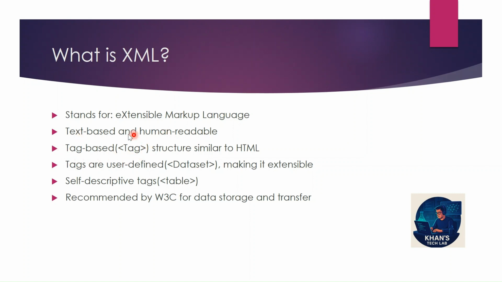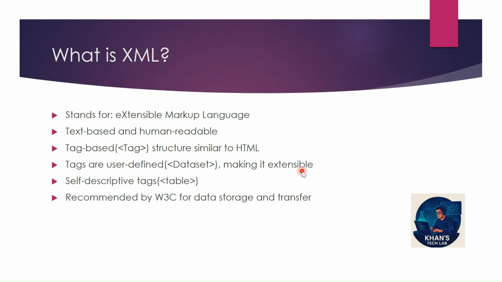So everything will be annotated under a tag, and its structure is very similar to the HTML language. The only difference between HTML and XML is that HTML has predefined tags, for example, head, body, like this. There are a few HTML predefined tags, whereas in XML the user can define his own tags, which makes it more extensible.